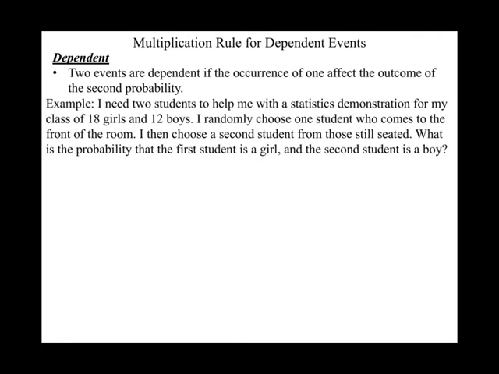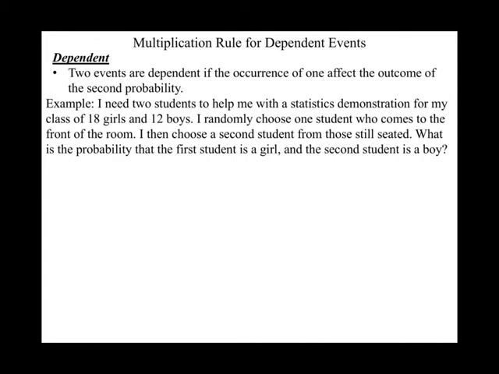For example, I need 2 students to help me with a statistics demonstration for my class of 18 girls and 12 boys. I randomly choose one student who comes to the front of the room. I then choose a second student from those still sitting. What is the probability that the first student is a girl and the second student is a boy?